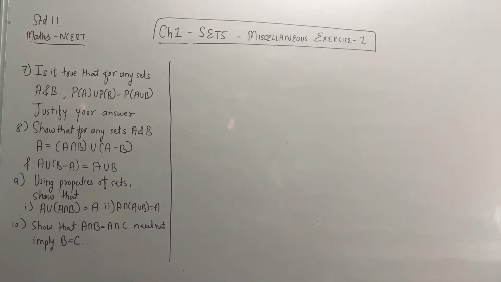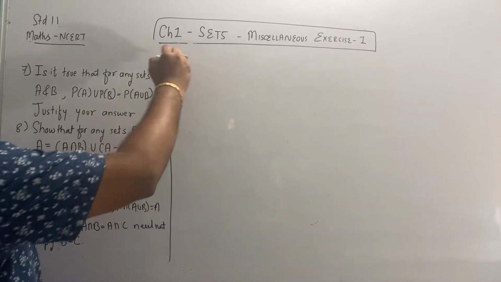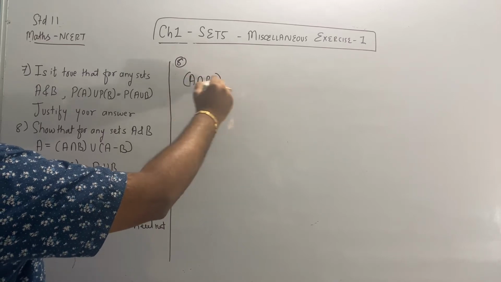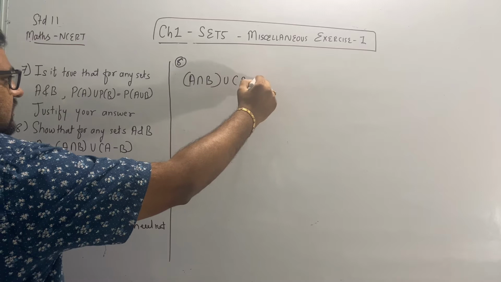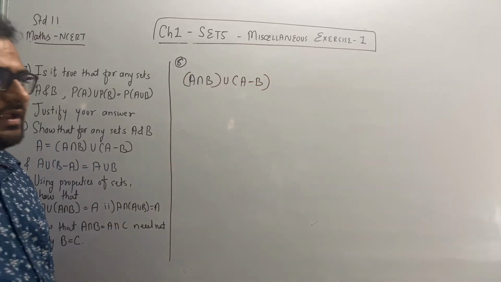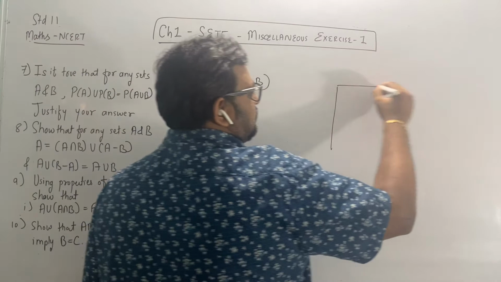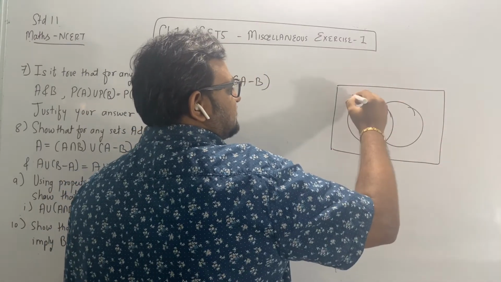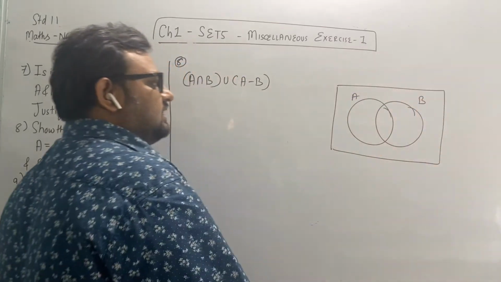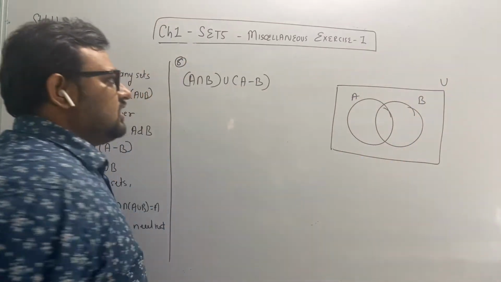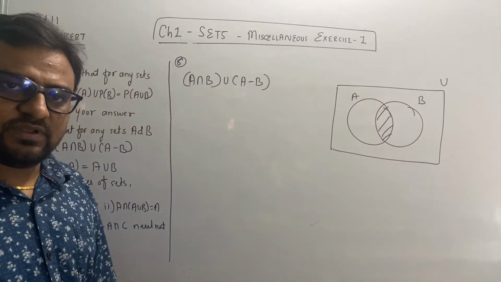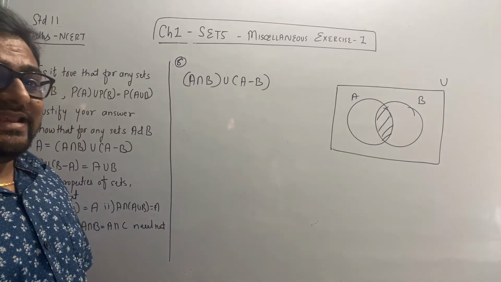So let's start. First we will take this one: A = A intersection B union A minus B. Now I can also prove this with a Venn diagram. This is set A, this is set B, and this is U. Now what is A intersection B? This is A intersection B. What is A minus B?